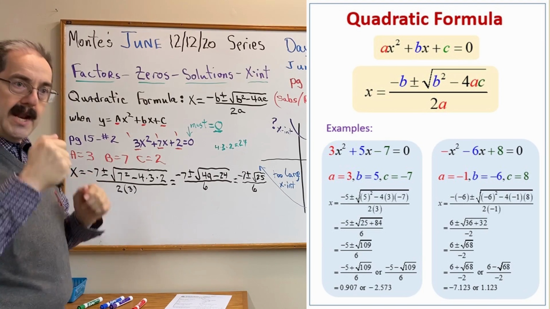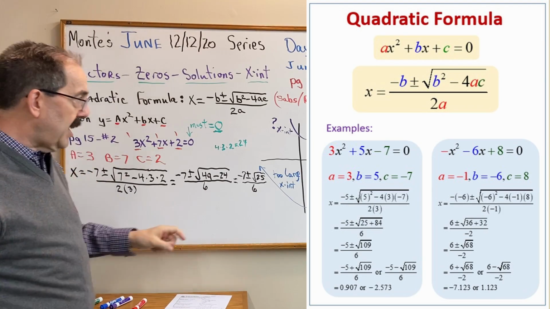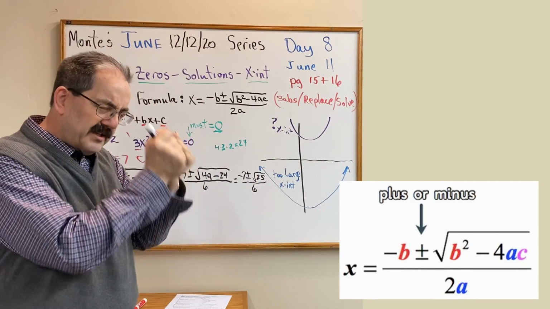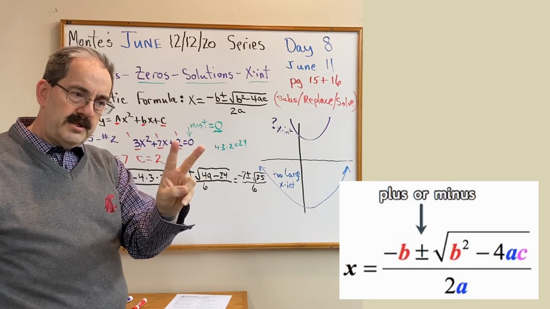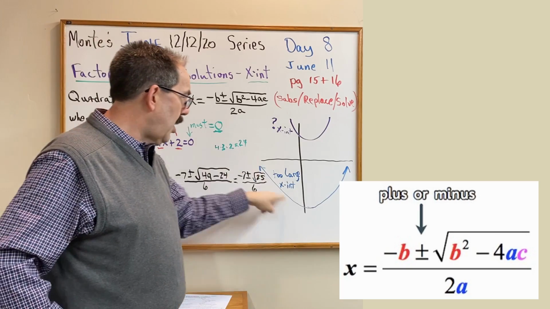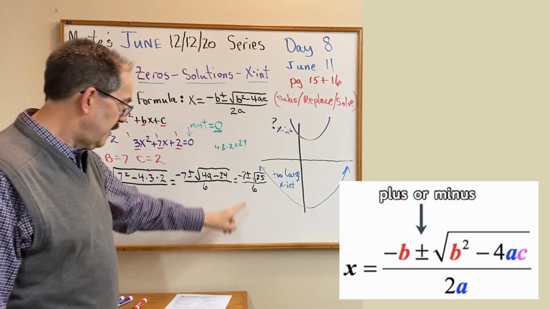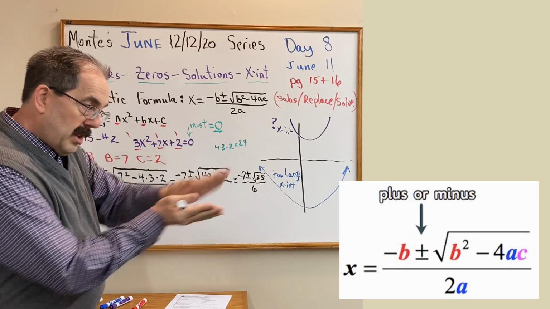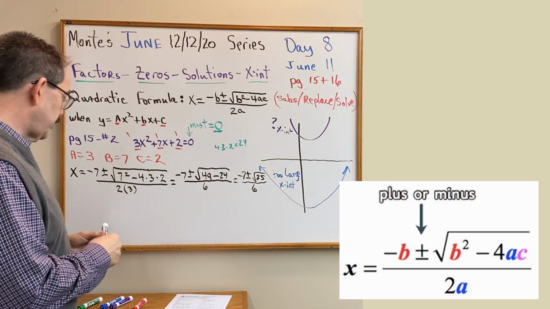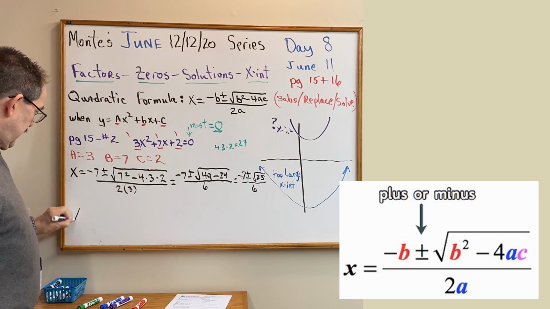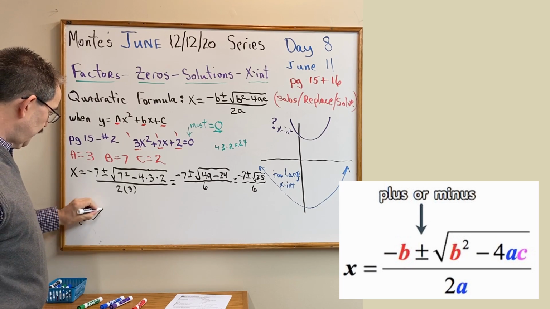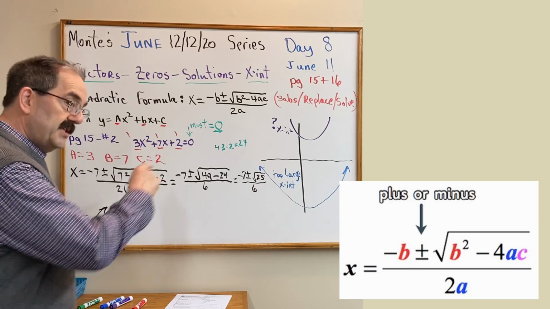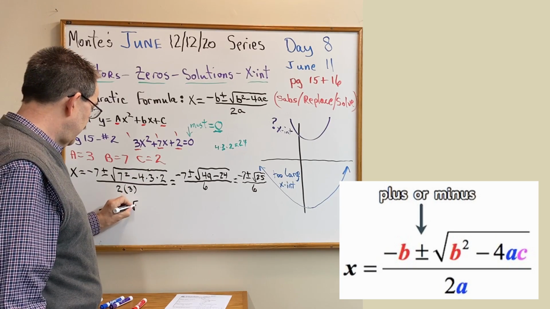Okay? Now, just like we saw yesterday, there's always two solutions. X squared. Two solutions, quadratics. There's always going to be 2. It comes from right here, the plus minus. Once I get to here, I make it branch into 2 choices. X equals, the first choice, -7 plus the square root of 25.